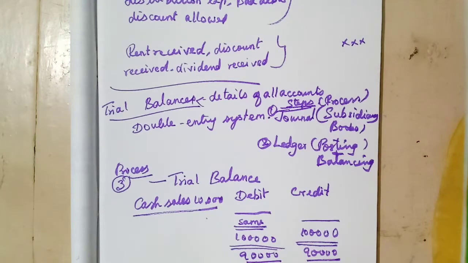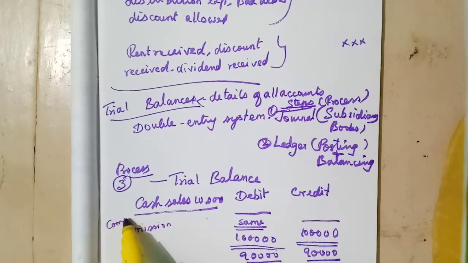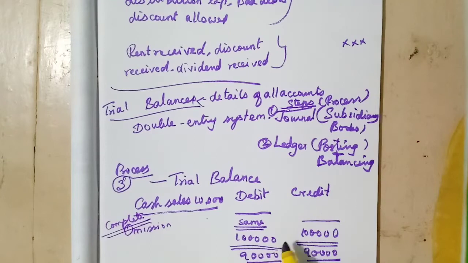But whether any errors were made? Yes, we have made one: complete omission of a transaction. If complete omission takes place, that will not affect the trial balance.